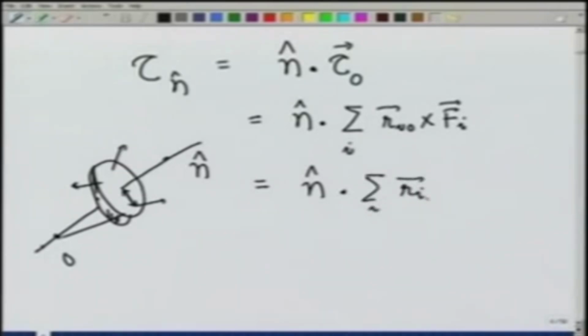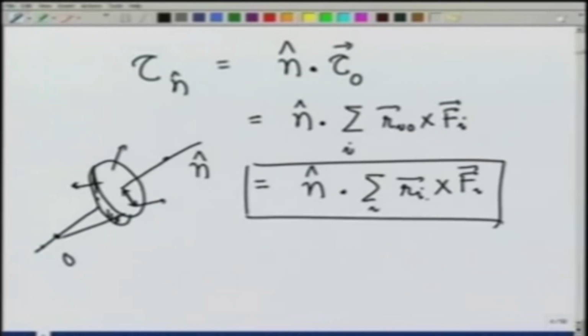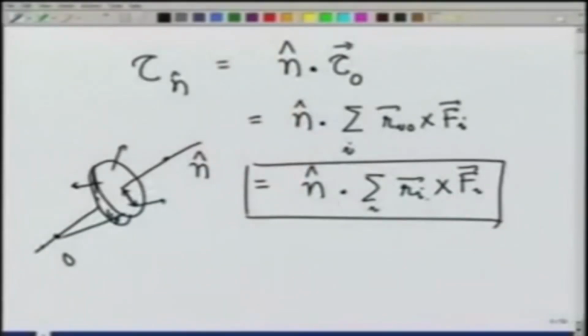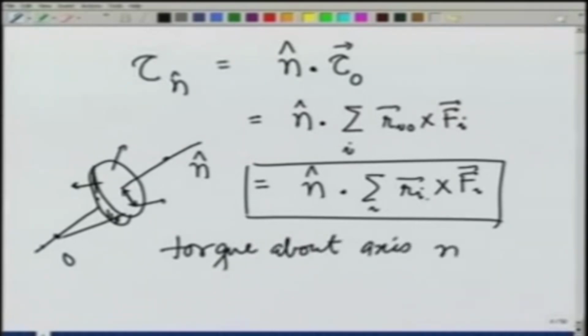I have removed this index O. This is the component of the total torque along the direction of the axis, and this is what I will call the torque about axis, let us say n.